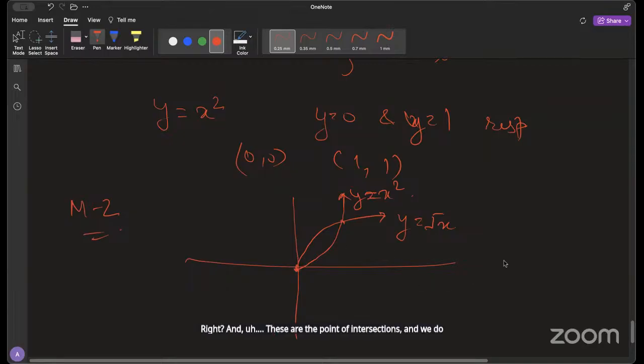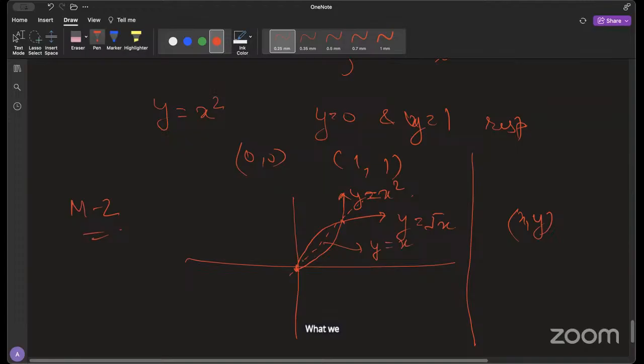And these are the points of intersection. Let me make y equals x first. This line is y equals x.